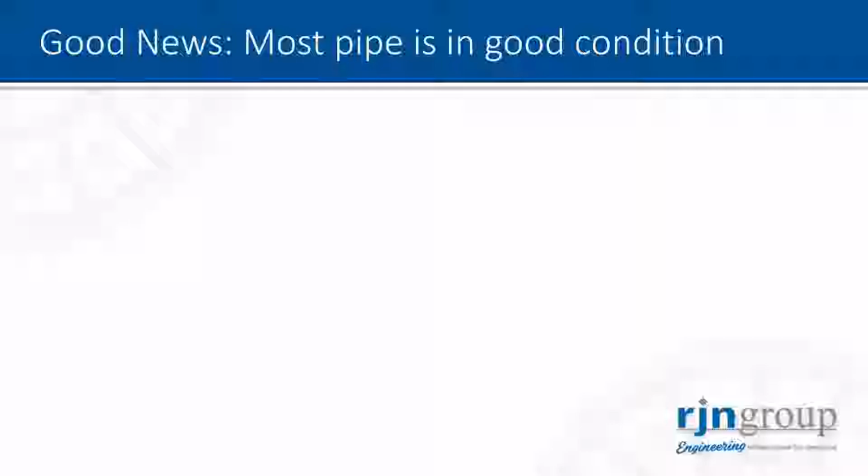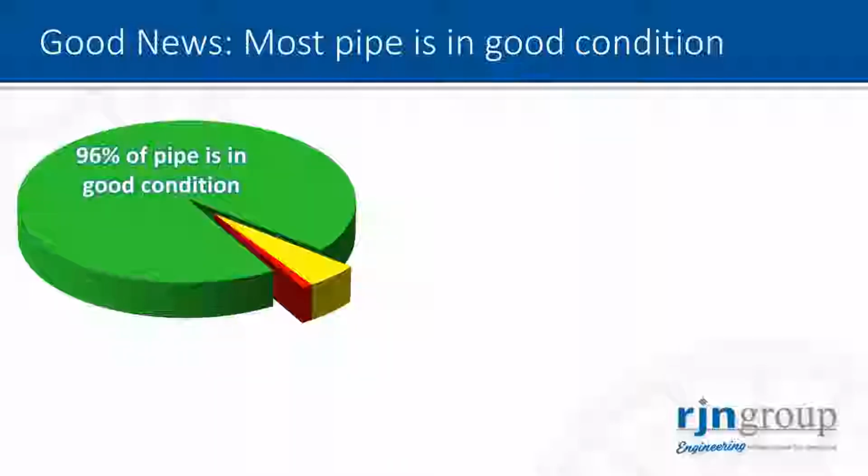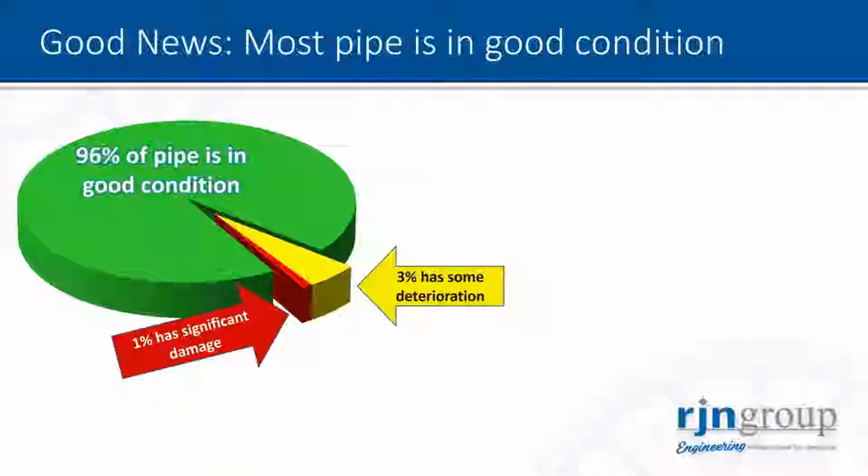So the good news is most of the pipe we inspect is in good condition. There's a paper presented a few years ago at the ASCE Pipelines Conference that reviewed a lot of the previous inspection data for water mains, and it showed that 96% of the pipe inspected is in good condition. 1% has significant damage requiring point repairs or rehab right away, and another 3% has some level of deterioration but may not necessarily warrant replacement or repair today.